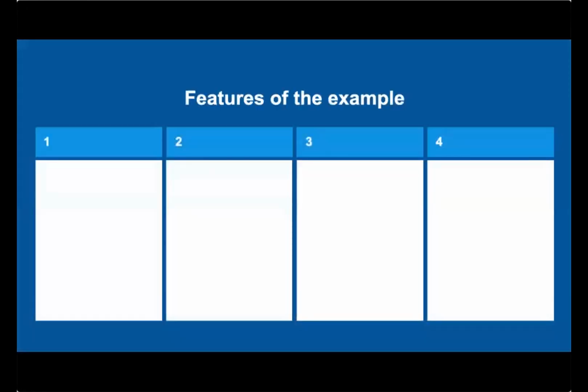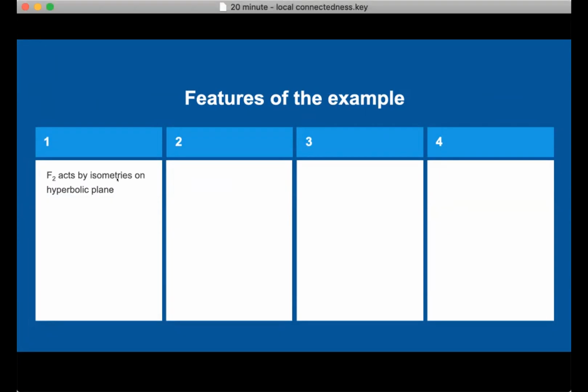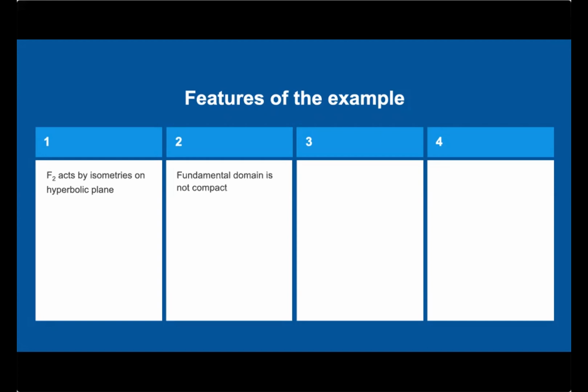The features of this particular example will let us understand, at least intuitively, one of the main objects of this talk. What we saw is a group acting by isometries on a hyperbolic metric space. The fundamental domain of this action, we saw, is not compact.